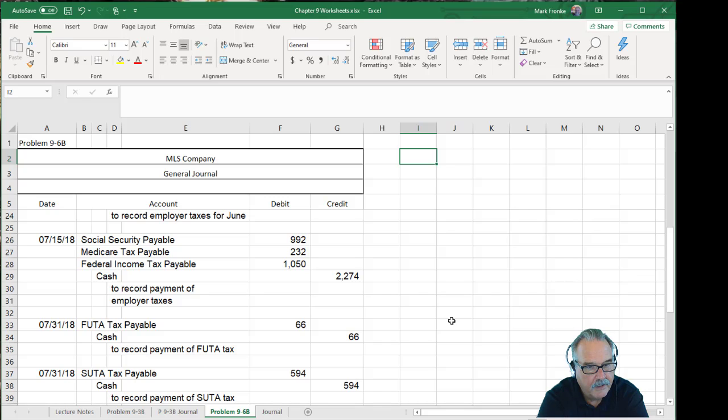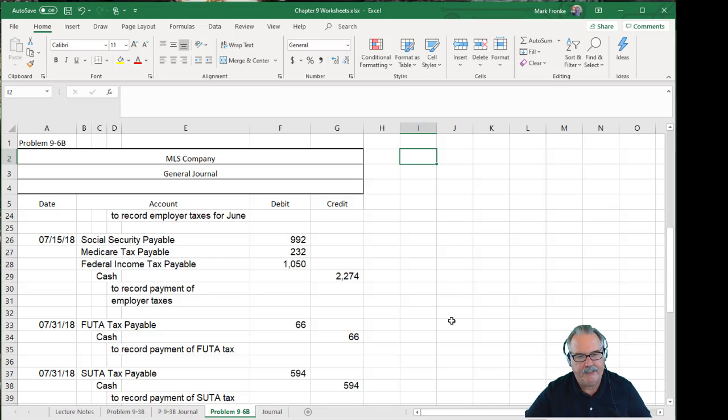Then on the 31st, we have to make a payment for our FUTA and SUTA tax payable that we had accrued and not paid yet. So this is $66 to the FUTA tax and $594 for the SUTA tax, debit the payable, and credit cash.